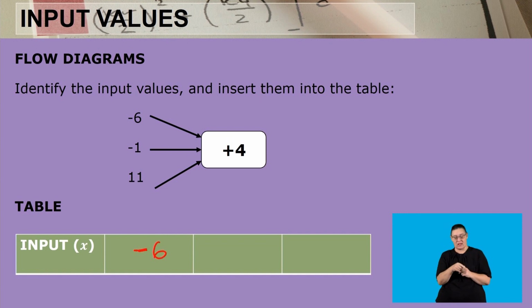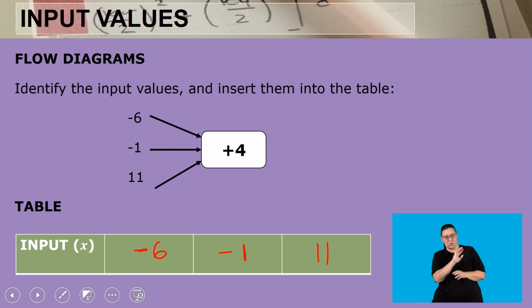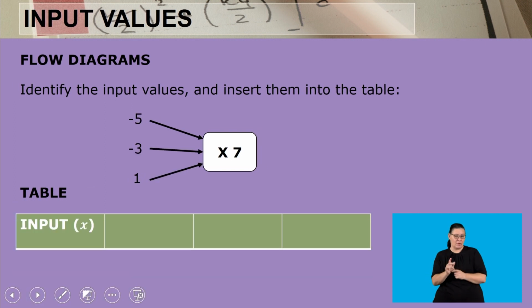The second input value is the -1, and the third input value is the 11. Those are the input values that are going to go into the rule, and then we'll see what happens when we eventually look for that result. Let's move on to another flow diagram and see if we can identify the input values.